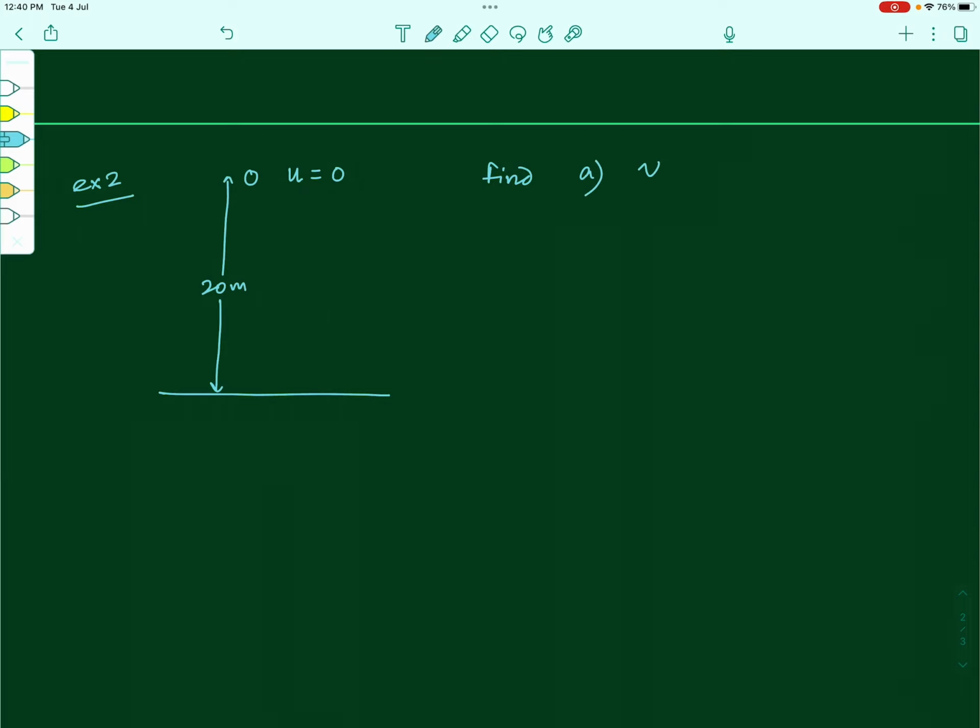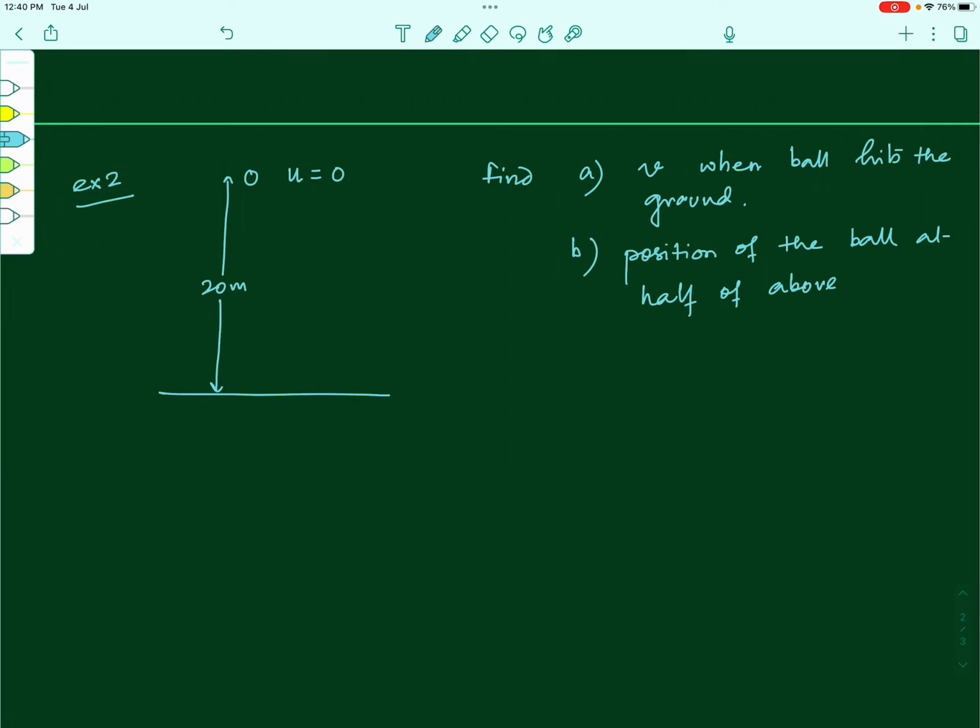So, v when the ball hits the ground, that is the first part, and as the second part we are supposed to find out the position of the ball at half of the above speed, the speed with which it hits the ground, right.